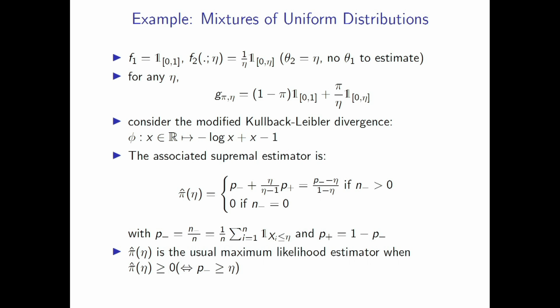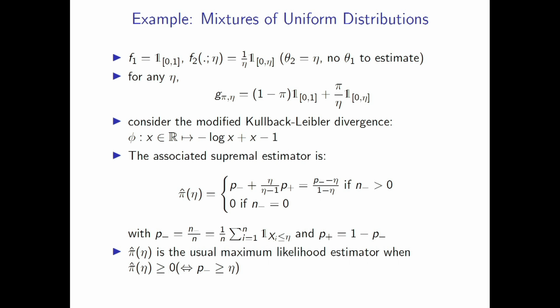We wanted to see what happens with this approach. So we considered the modified Kullback-Leibler divergence because this is the easiest one to consider to begin with. The Supremal estimator can be computed. It is this one. There is no surprise. We compare p minus, which is the proportion of observations smaller than eta, and we have to do this for any eta.